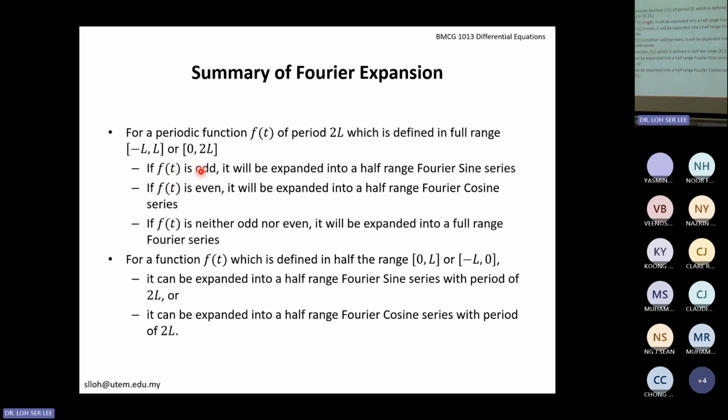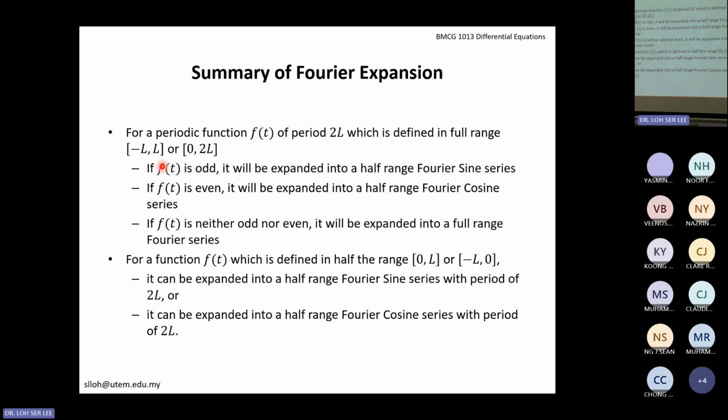If the ft is odd, then it will be expanded into half-range Fourier sine series. That means if you use the formula of the full range Fourier series, but ft is odd, what you get at the end will be a Fourier sine series. Same goes for ft even: you will get a Fourier cosine series.